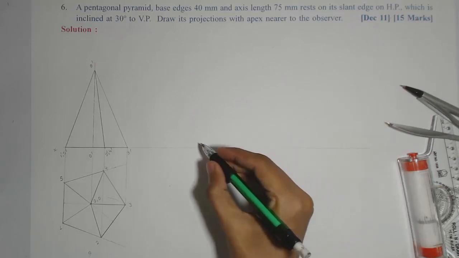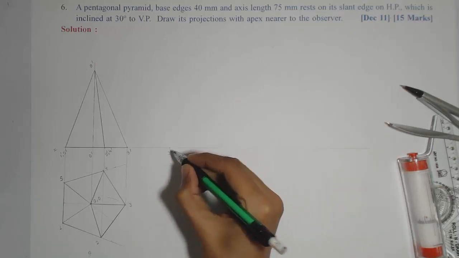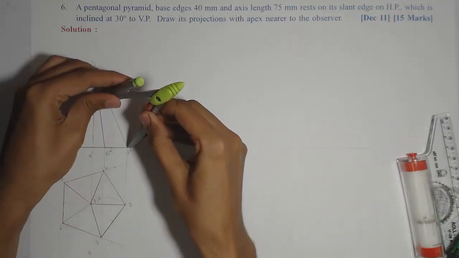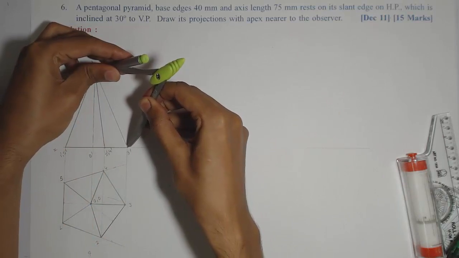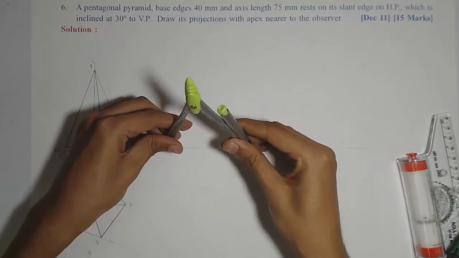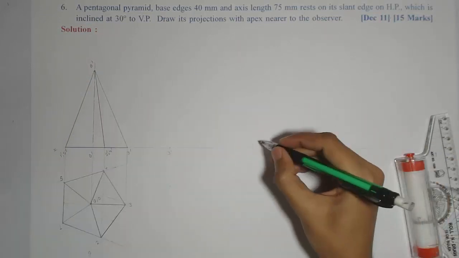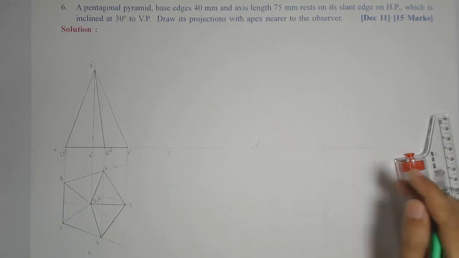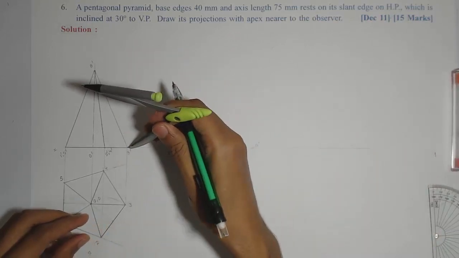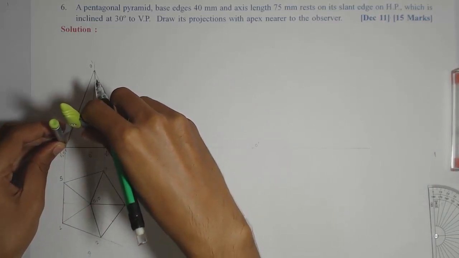So I'll first fix the position of 3 dash, then I'll mark this slant edge which we need to keep in XY here. So this will be point O dash. So the apex will lie on the XY line. Now we'll mark the remaining corner of the triangle.